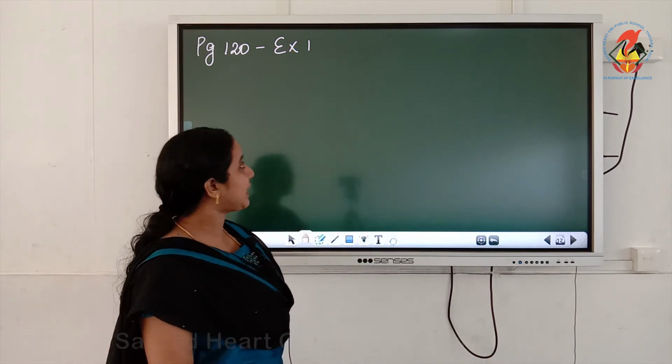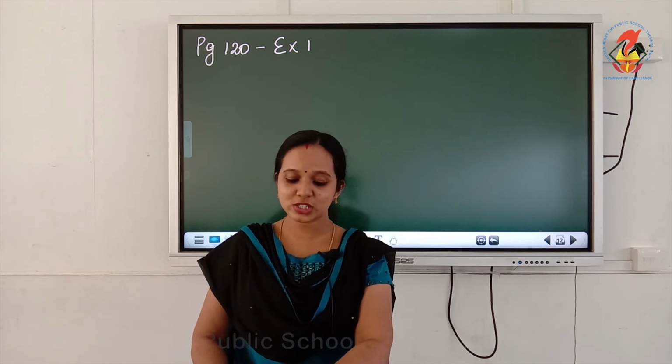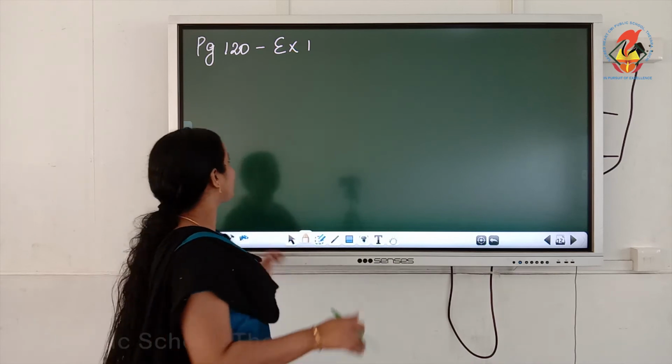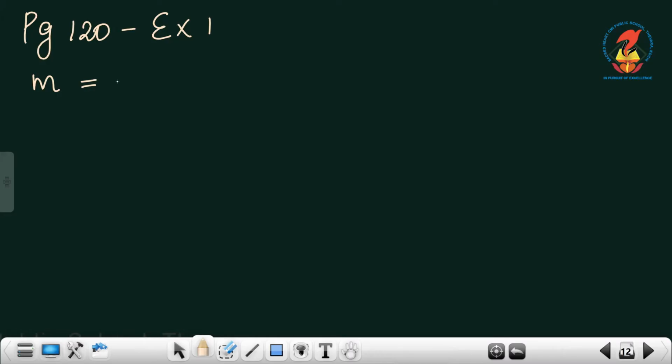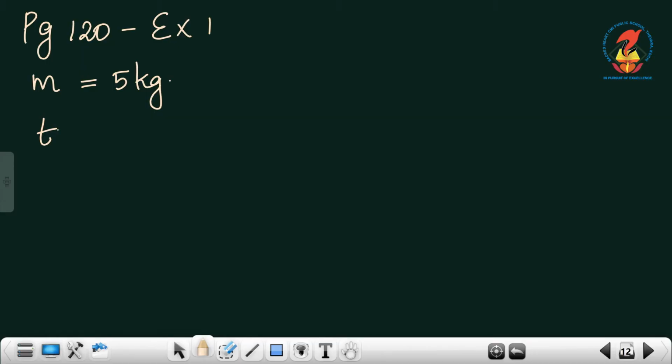Now, let us read and write the given quantities first. A constant force acts on an object of mass 5 kilogram. So, mass of the object is given as 5 kilogram for a duration of 2 seconds. So, time duration is given as 2 seconds.